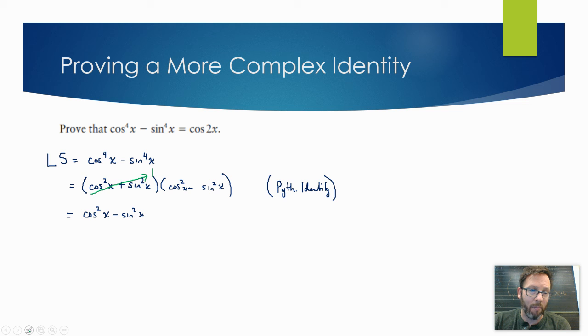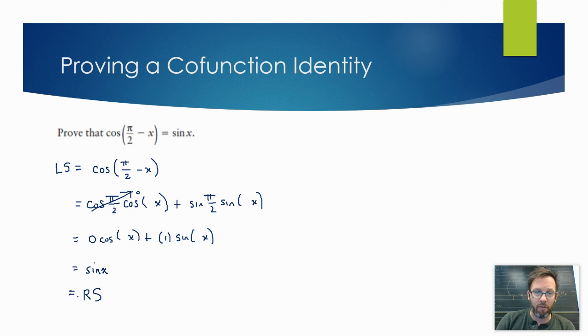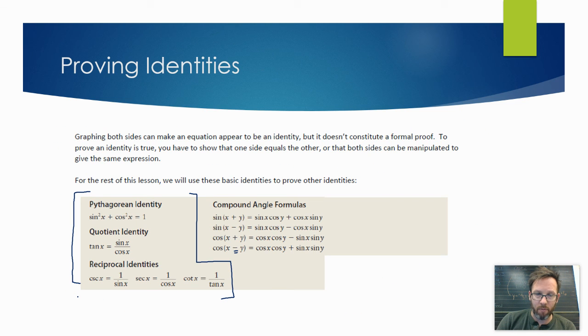So what I'm going to do is take the right-hand side and start manipulating it. So cosine 2x, we can write as the cosine of x plus x. And let's use that identity. So cosine of x plus x, just refreshing myself. Again, I don't have these memorized.